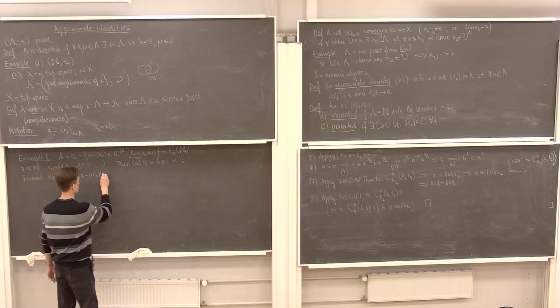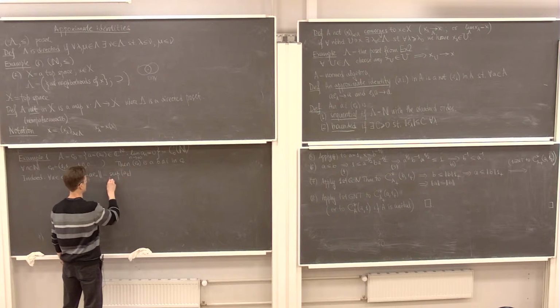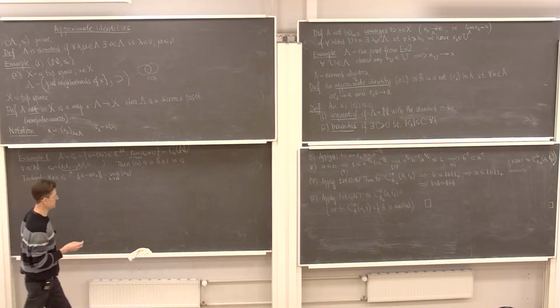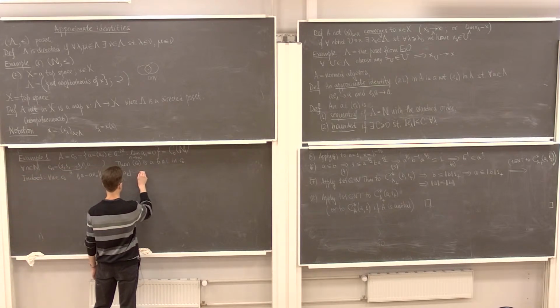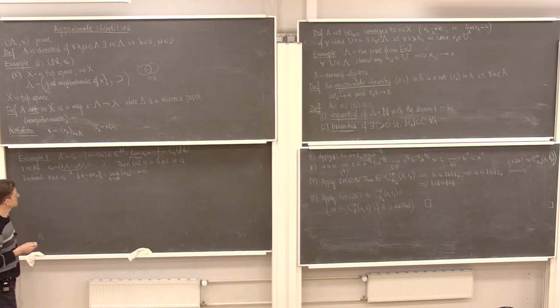This is just the supremum of the tail, ak, where k is bigger than n. And clearly this goes to 0 because an goes to 0. So this is a bounded approximate identity.